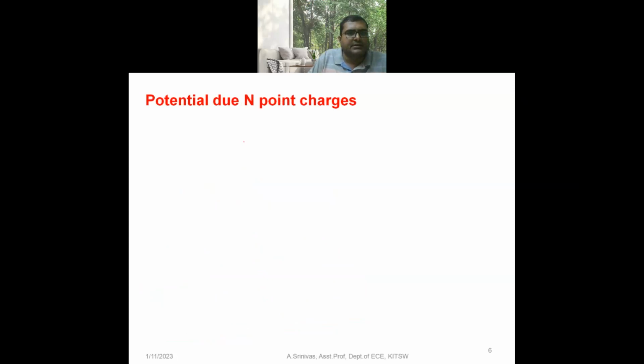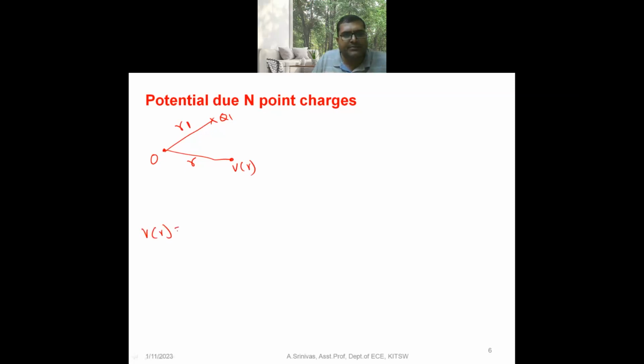The potential due to n number of point charges. Consider the position of origin. Some Q1 charge is present with position vector R1. One more position with position vector R. At this point, we are supposed to calculate the potential.